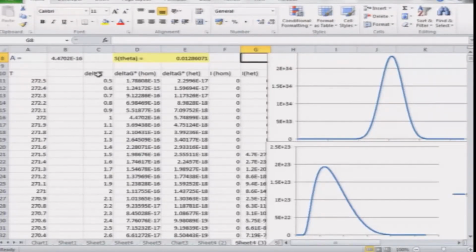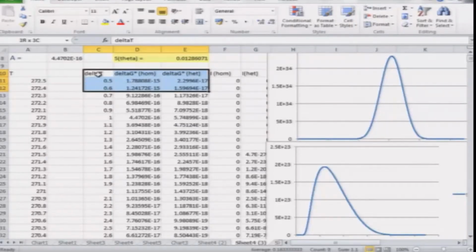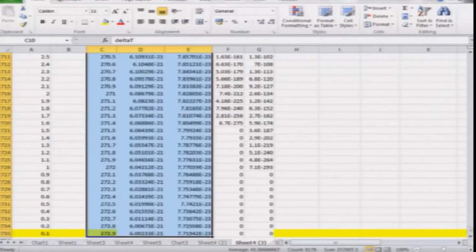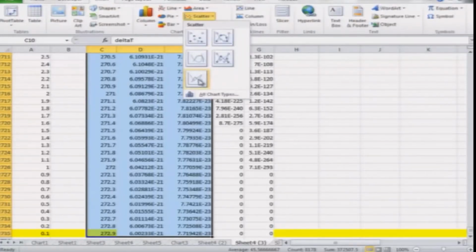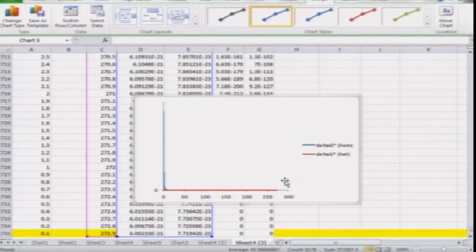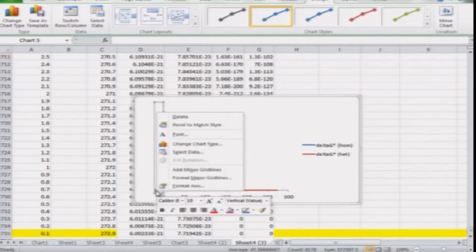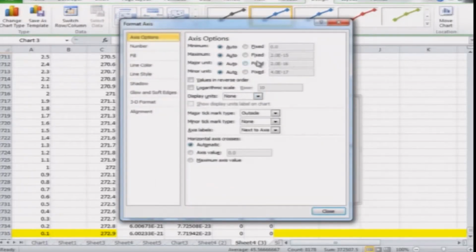So let me just pick out these 3 columns and go to insert, go to scatter plot and plot this. So it has plotted, but I will have to change the scale to be able to see this graph clearly. So let me change this y axis and reduce the scale, because this scale is too big to show both the things properly.